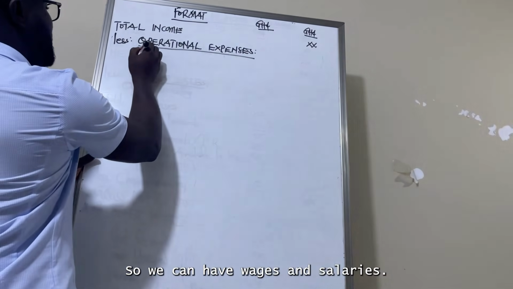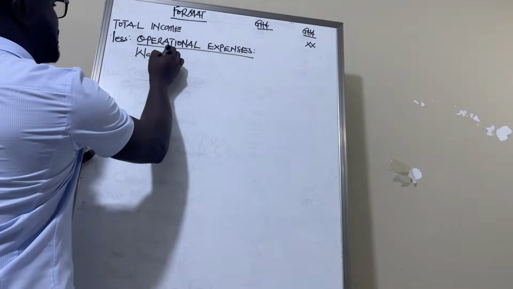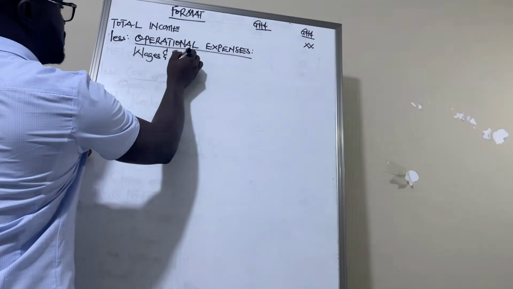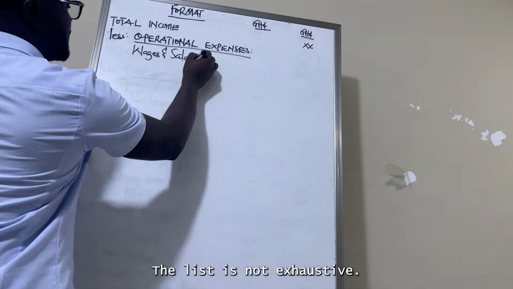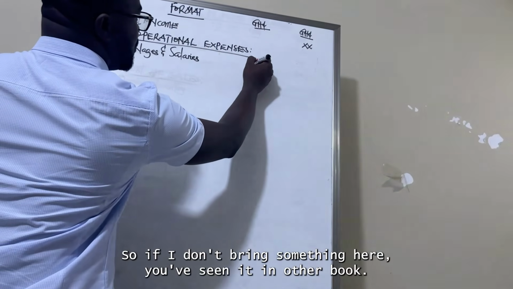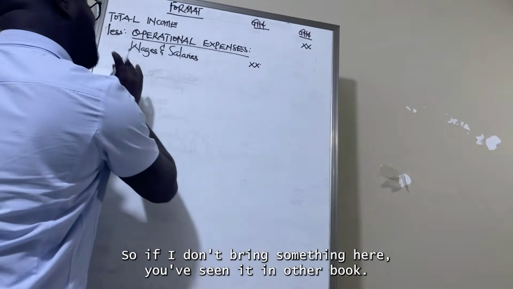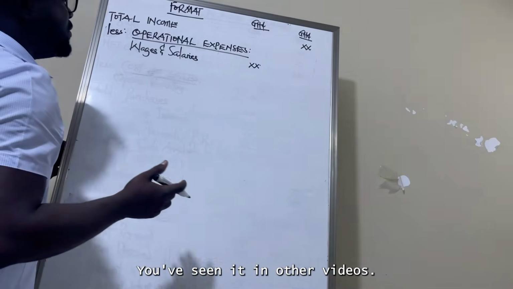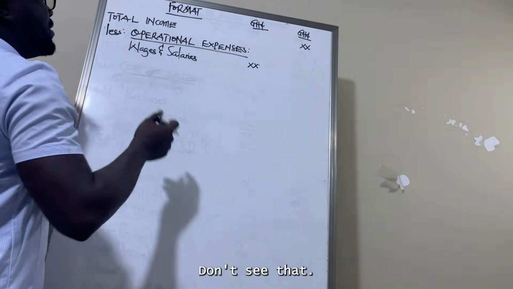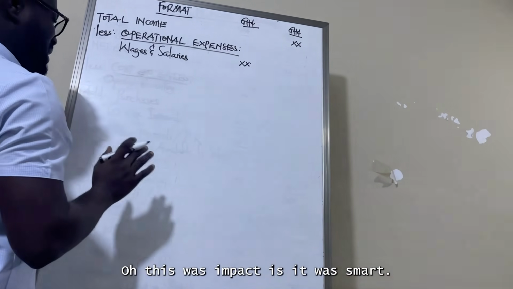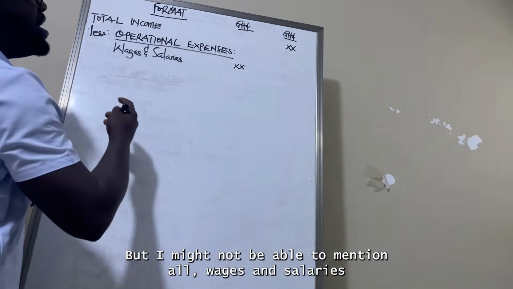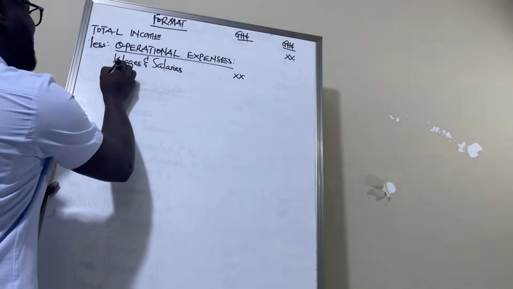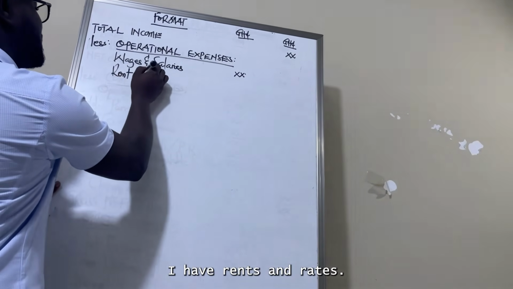So we can have wages and salaries. Please, the list is not exhaustive. So if I don't bring something here, and you've seen it in other books or other videos, don't say that this wasn't part. Please, it was part. But I might not be able to mention all. Wages and salaries. You can have rent and rates.